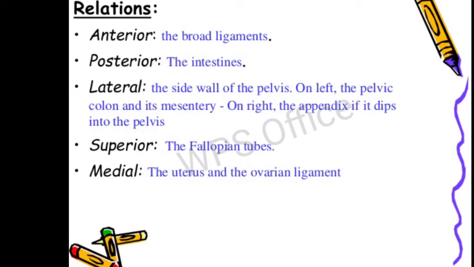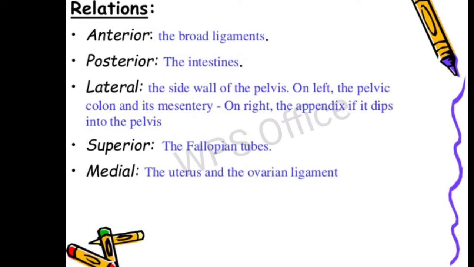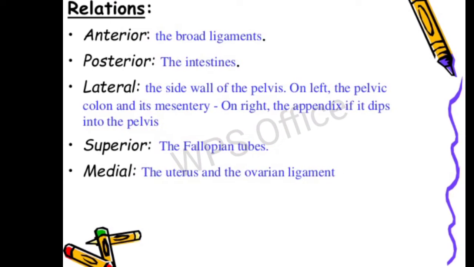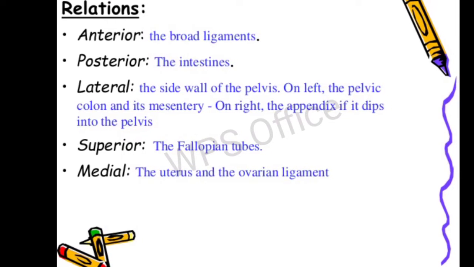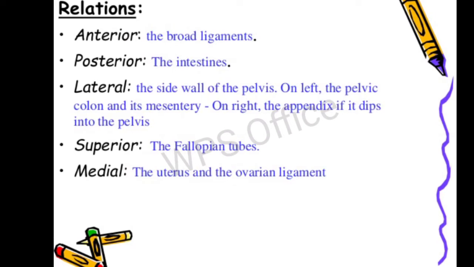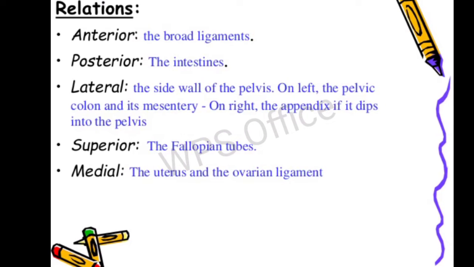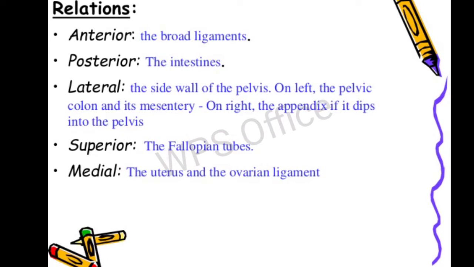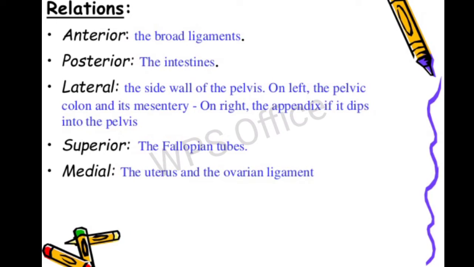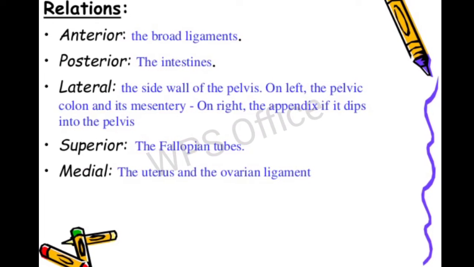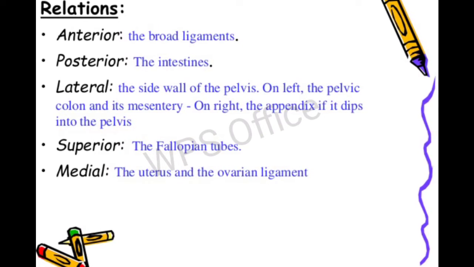Then relations. In the anterior portion of the ovary, that means in front, the broad ligaments will be lying. There will be various ligaments lying around our uterus. So the broad ligaments will be lying anterior to the ovary.